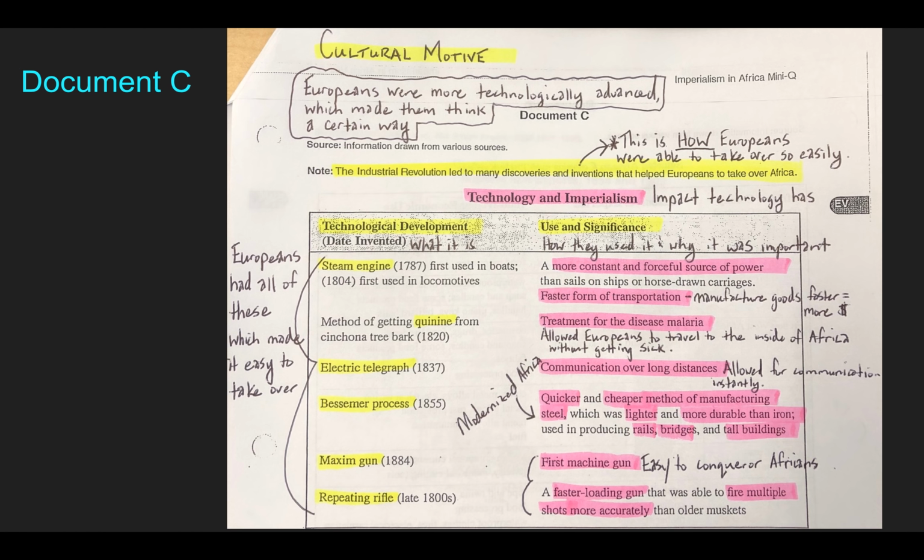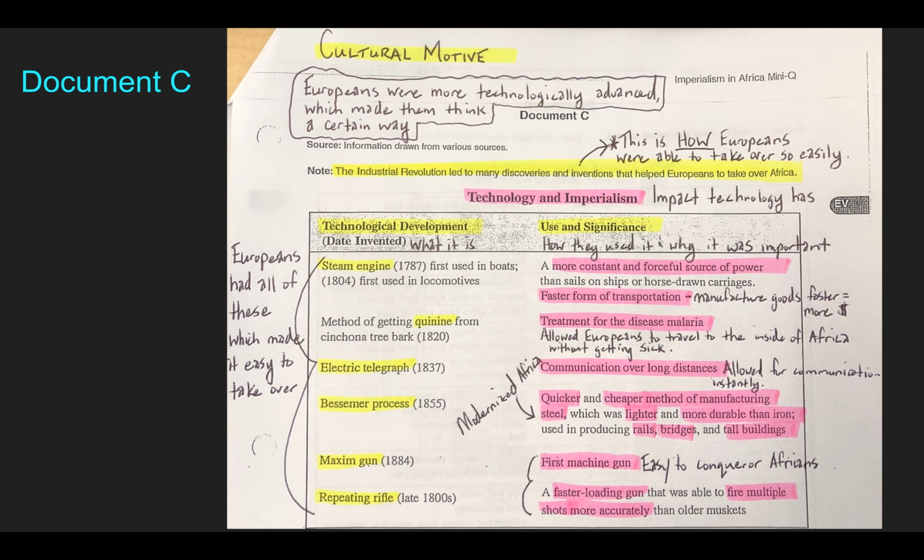Once again, if you're not traveling by sea, you're now going to be traveling by railroads, so travel by land very quickly. And of course, all these developments in Europe, the Europeans are going to bring all of that stuff with them to Africa when they do colonize.